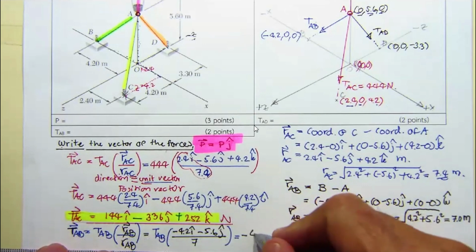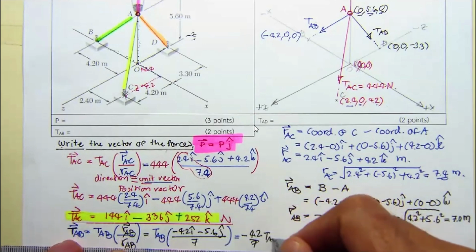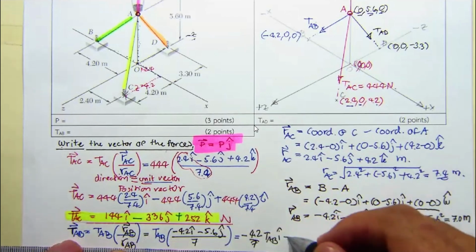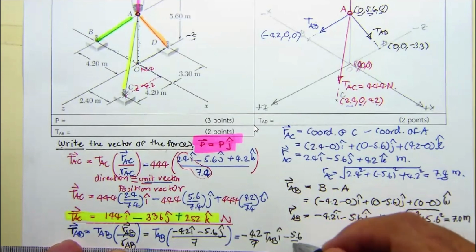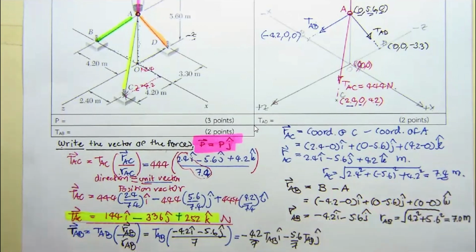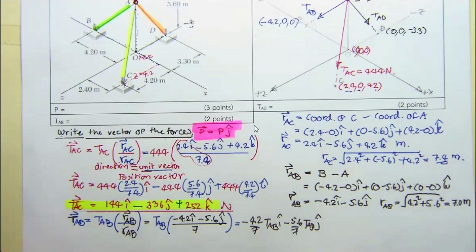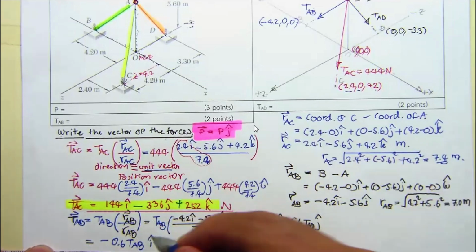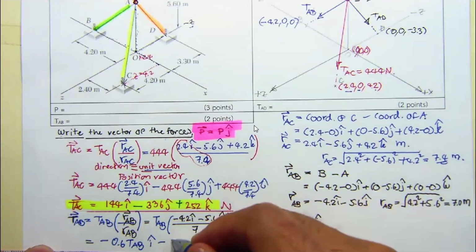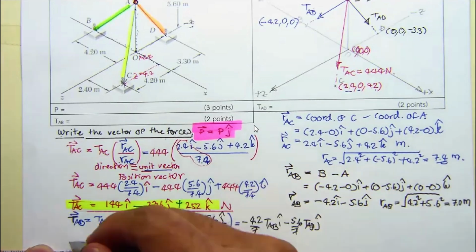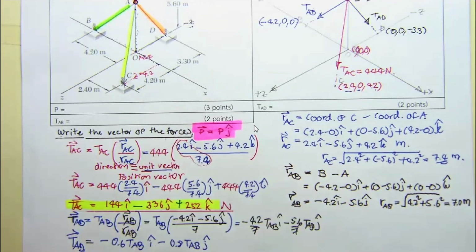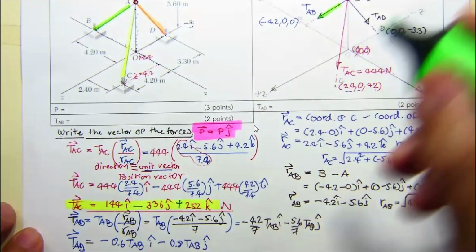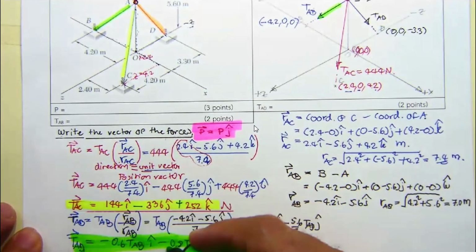Okay. And then we have this one just extended. It's going to be minus 4.2 divided by 7 T sub AB I minus 5.6 divided by 7 T sub AB J. In short, T sub AB is going to be equal to minus 0.6 T sub AB I and another one, minus 0.8 T sub AB J. That's going to be our green tension force vector.